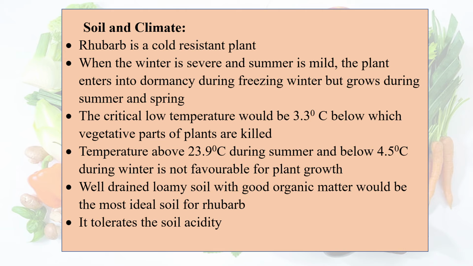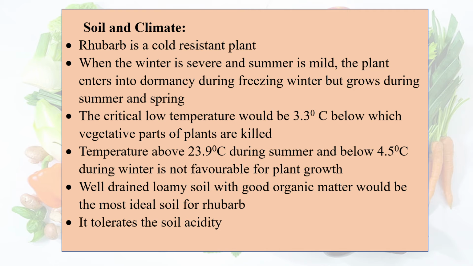So see, when winter is severe and summer is mild, the plant enters into dormancy during freezing winter, but grows during summer and spring. This is an important point. By this point, we have some other cultural practices also. Okay, the critical low temperature is minus 3.3 degrees centigrade, below which vegetative parts of the plants are killed.